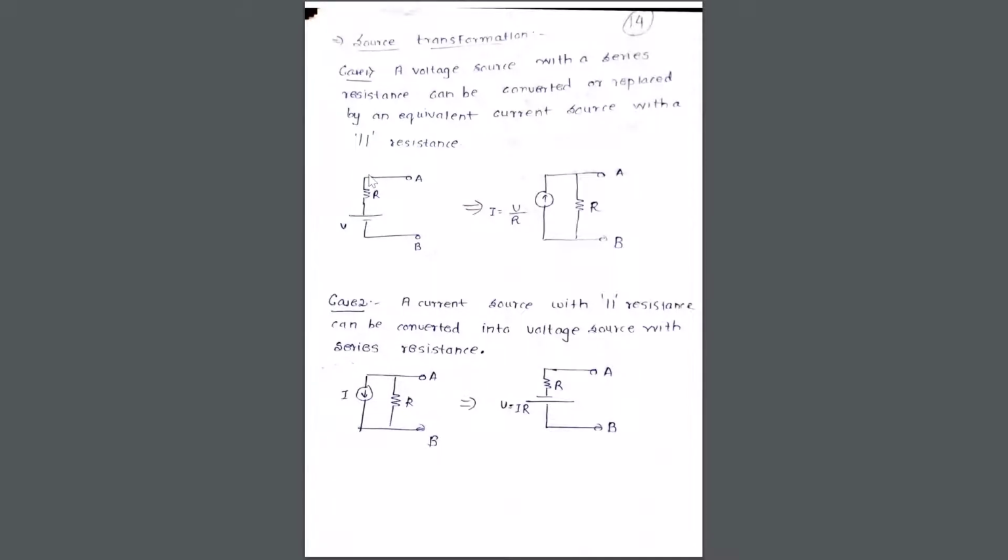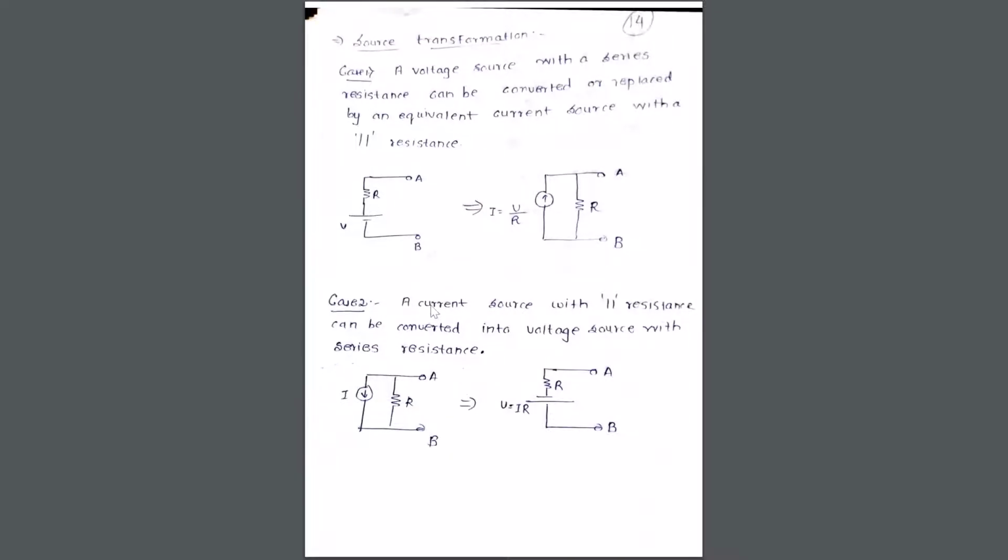So this entire circuitry, in which I have my voltage source in series with a resistance, can be converted into a current source in parallel with a resistance, in which my R value will be the same, but my I value will be given as V by R.